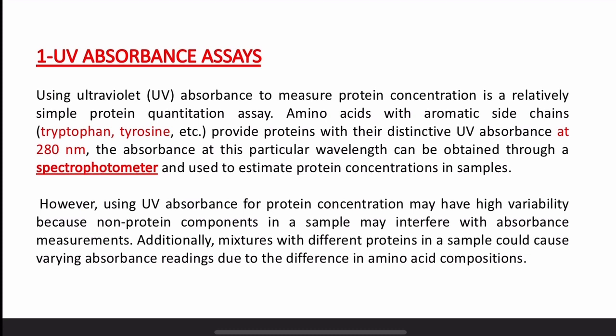The absorbance at these particular wavelengths can be obtained through a spectrophotometer. The main disadvantage of this method is that the non-protein components in a sample may interfere with absorbance measurements. Additionally, mixtures with different proteins in a sample could cause varying absorbance readings due to the difference in amino acid compositions.